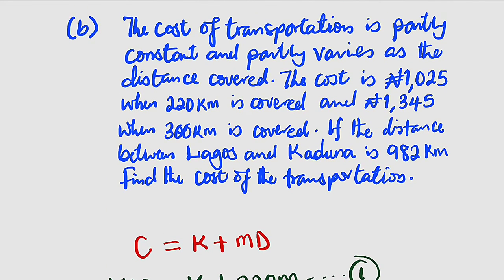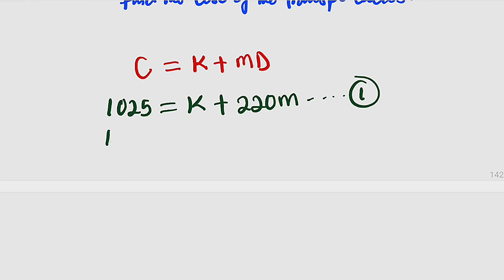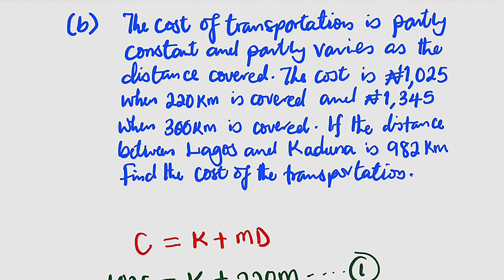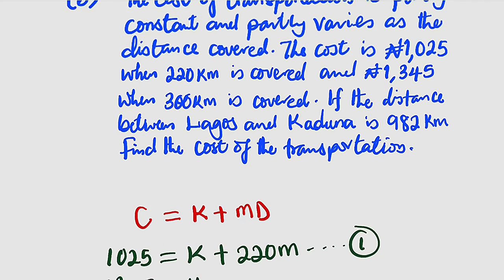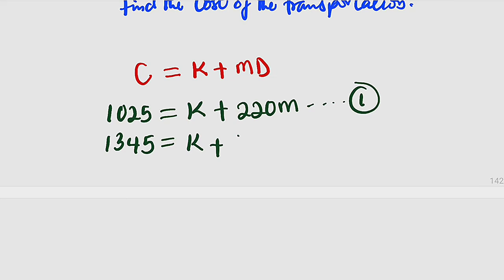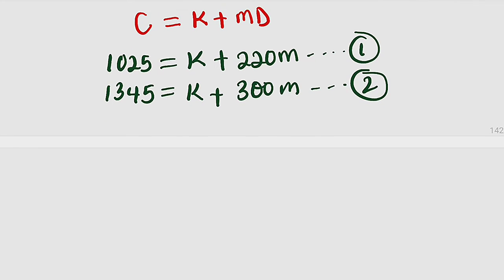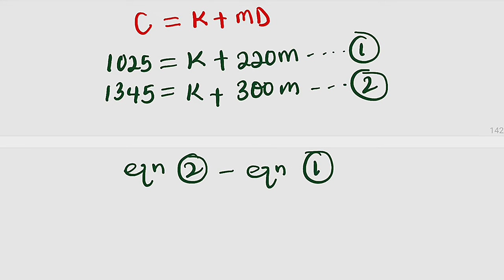The second information: we have a cost of 1,345. This is equal to K plus the distance covered, 300, multiplied by M, so 300M, our second equation.